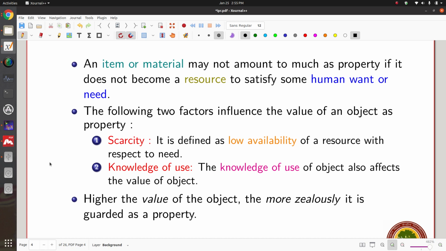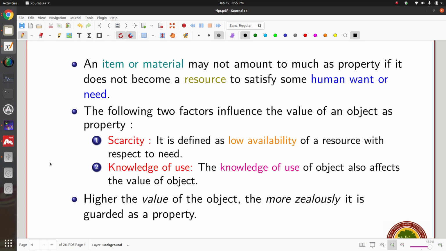If a community doesn't know what the use of that particular property is, then its value will be zero or very low. So the value of property depends on its knowledge. You might have seen that if a machine has very high usage, or it is very useful, then its value obviously will be very high.